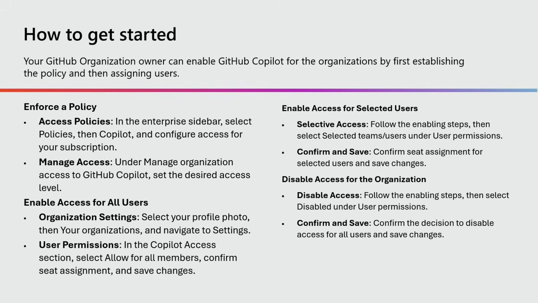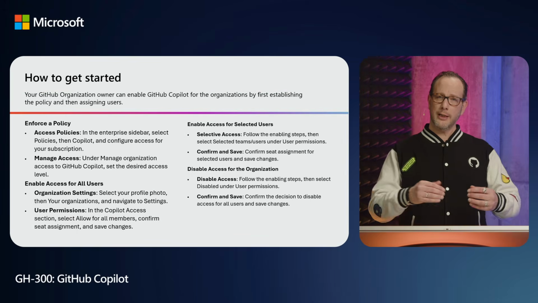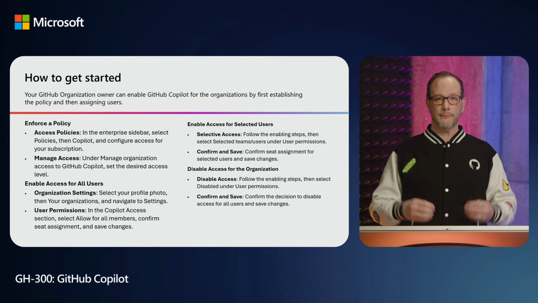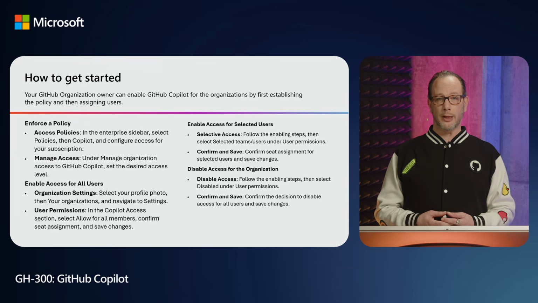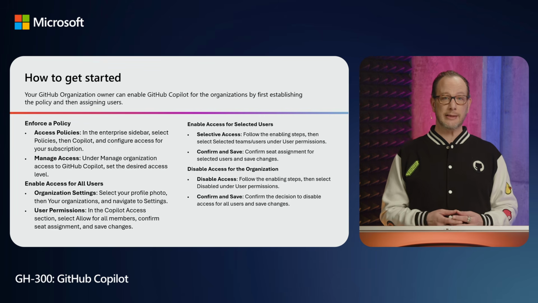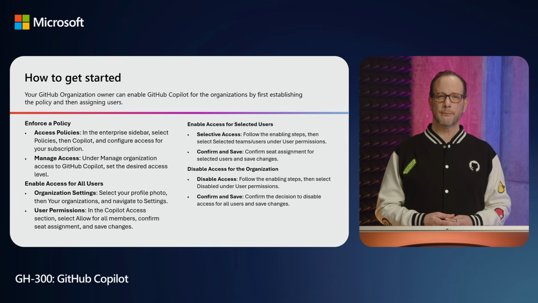Getting started with GitHub Copilot at the organization level is all about policy-driven access. Organization owners can decide whether Copilot is enabled for everyone, limited to selected users or teams, or entirely disabled. These controls are managed centrally, making it easy to align Copilot usage with company policies and compliance requirements.